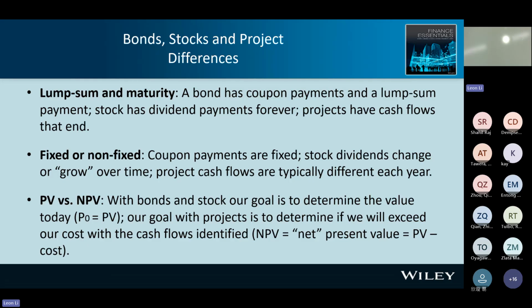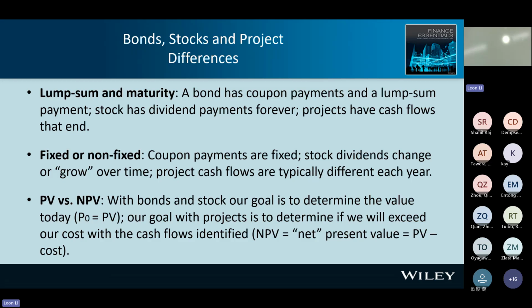Finally, present value versus net present value, or NPV. With bonds and stocks, our goal is to determine the value today. So bond price or share price P0 is equal to present value. The goal with a project is to determine if we exceed our costs with the cash flow identified.